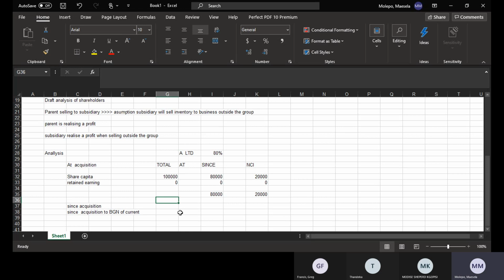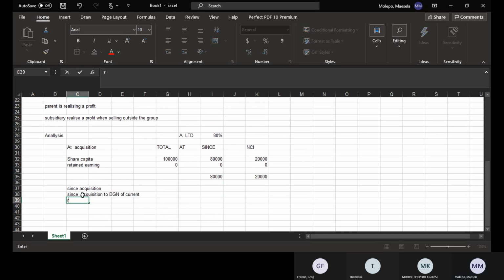Our retained earnings on 1 January, the beginning of the year, are now sitting at 80,000. So we put our retained earnings as 80, as projected from our pre-adjustment trial balance.